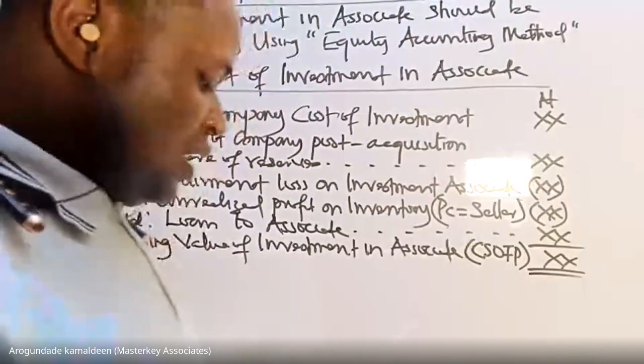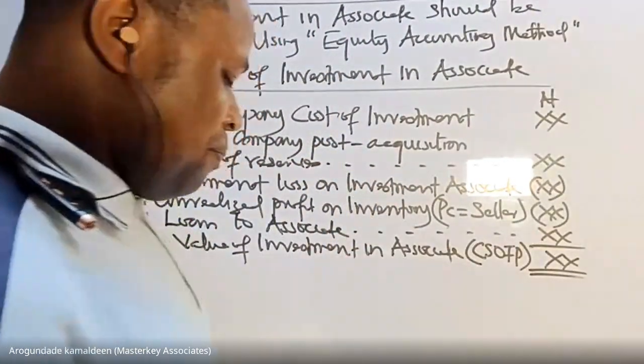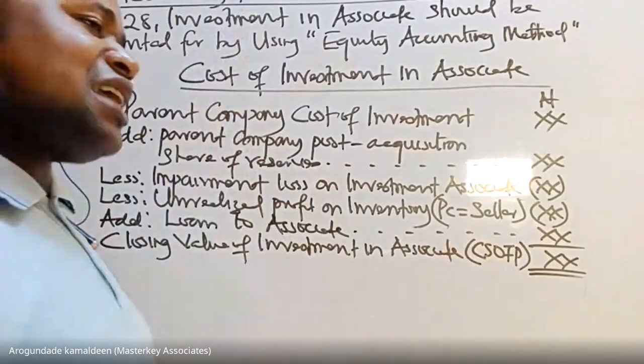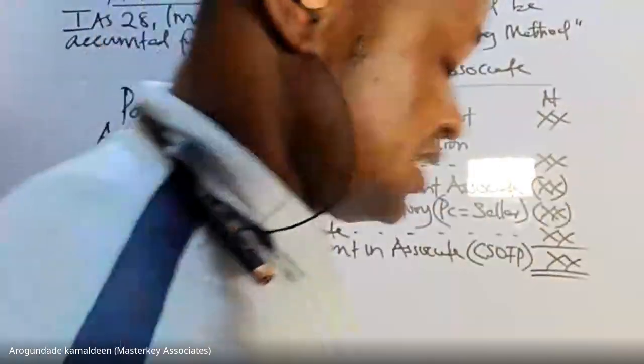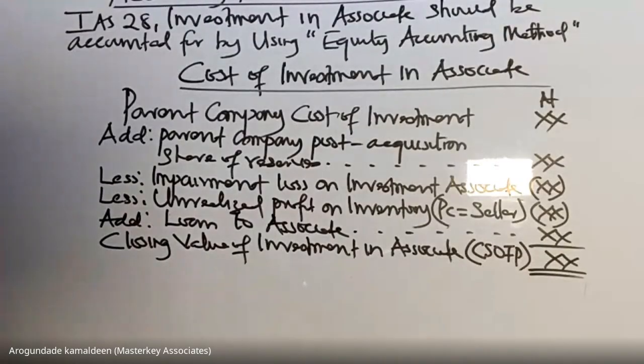Two, if the parent company is exempted from preparing consolidated financial statements, because itself is either a wholly owned subsidiary or partially owned subsidiary of another parent company.